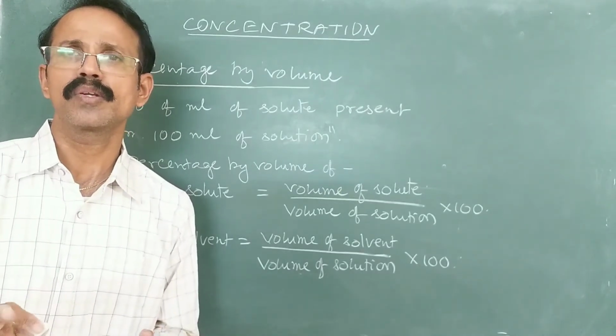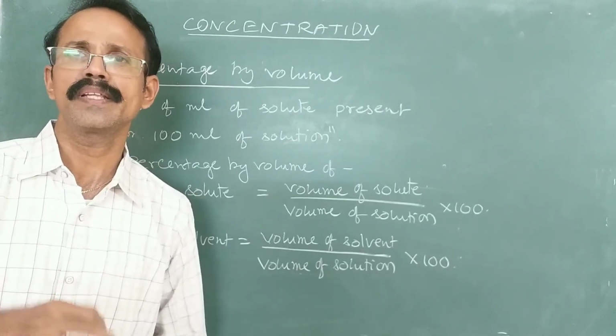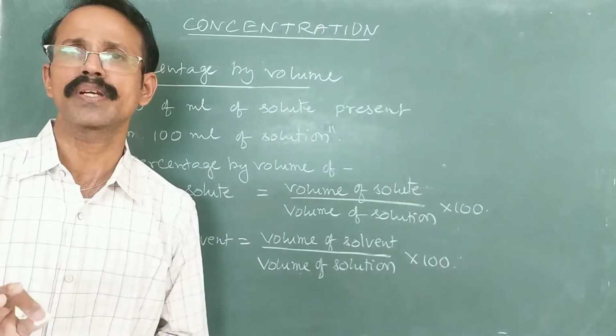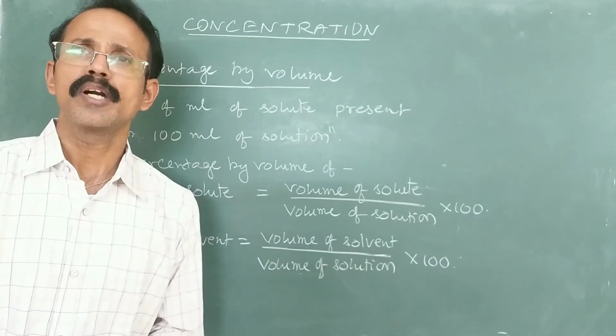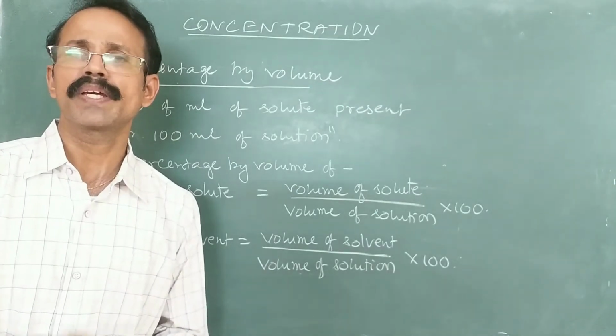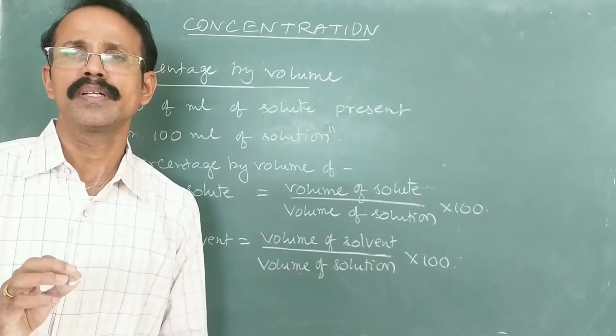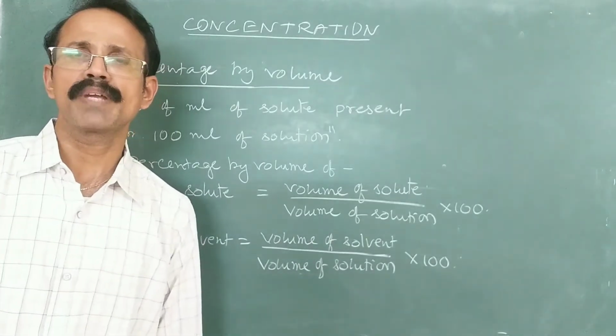Unless there are other complications in the process of formation of solution, the volume remains 250 milliliters. If there is no contraction or expansion, the volume remains as 250 milliliters.